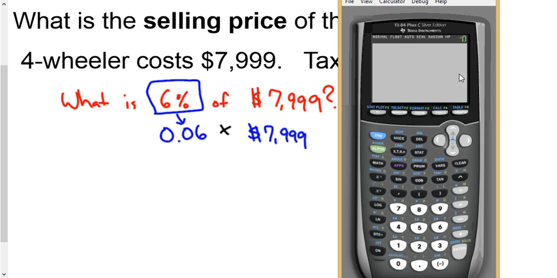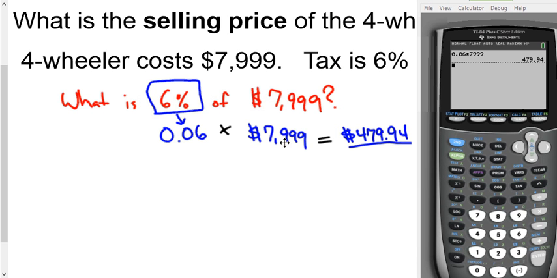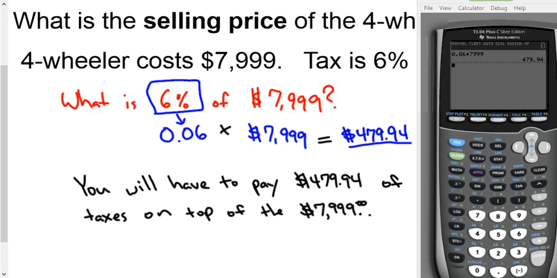Hit enter, and we get an answer. In this case, 479.94. So I know that 6% of this amount is $479.94. So in other words, you're not going to pay just roughly $8,000. You're going to be paying closer to $8,500.